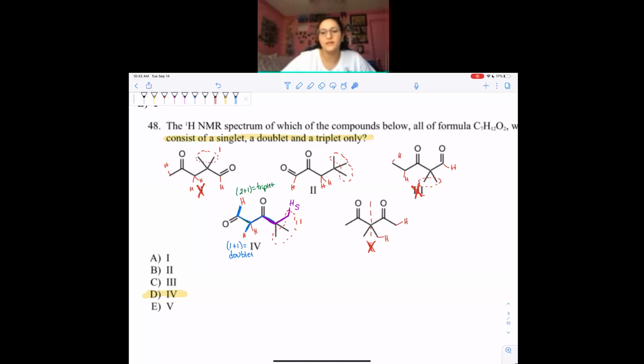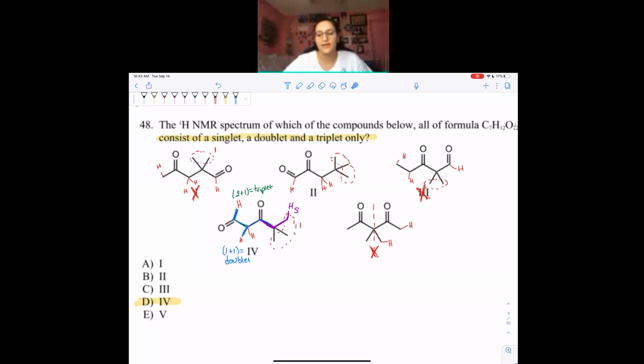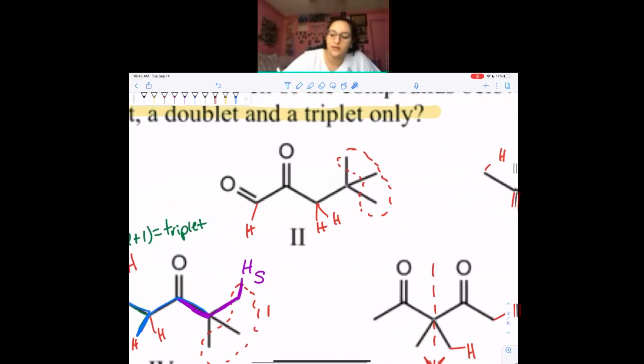Okay, so let's look at number 2 because someone actually asked a question about it. So 1 bond length, 2 bond lengths, 3. So it doesn't actually reach the hydrogens, it just reaches the carbon. So this guy has 0 neighbors, it's a singlet. I'm sorry if you can hear everything going on in my house.